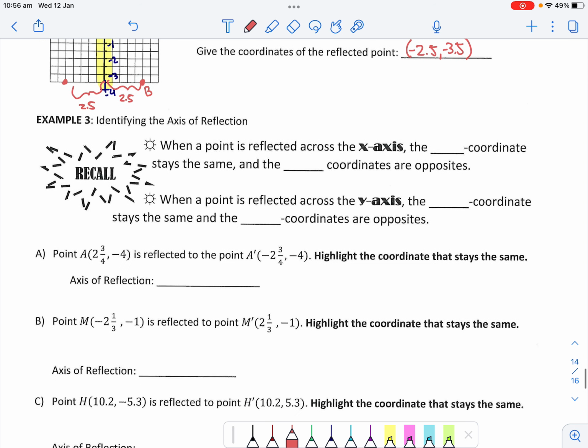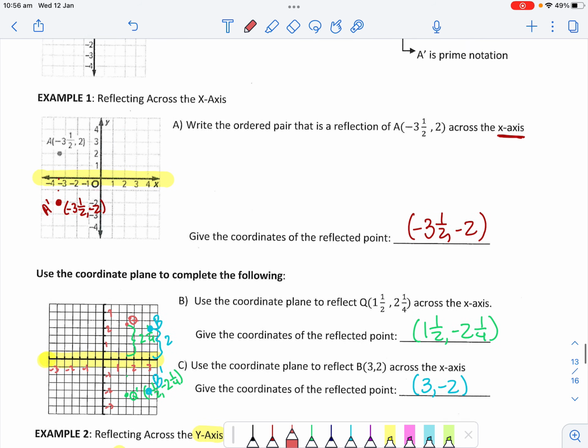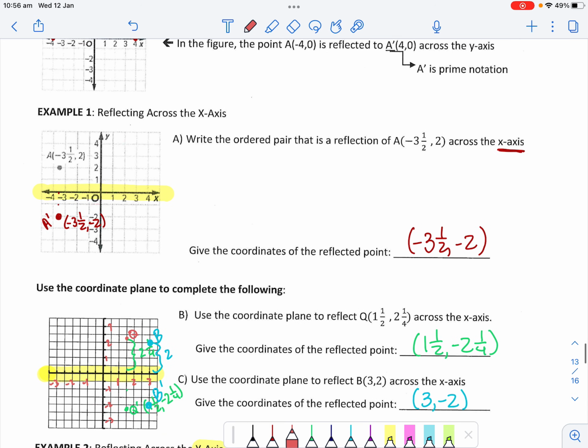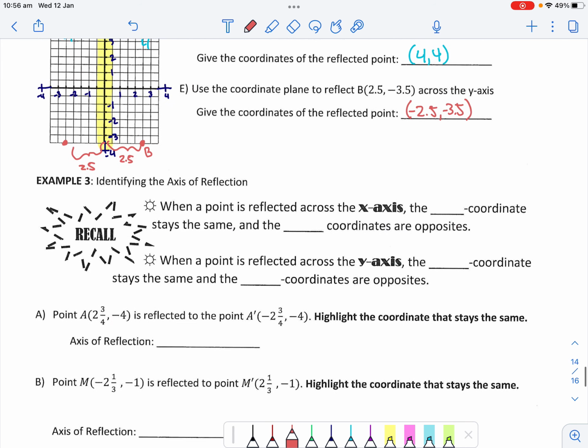So if I'm identifying the axis of reflection, it says when a point is reflected across the x-axis, so I'm going to go back up here for a second. When I reflected across the x-axis, I can see that the x-coordinate stayed the same and that the y-coordinate is the opposite sign. So this says when a point is reflected across the x-axis, the x-coordinate is going to stay the same and the y-coordinates are opposites.